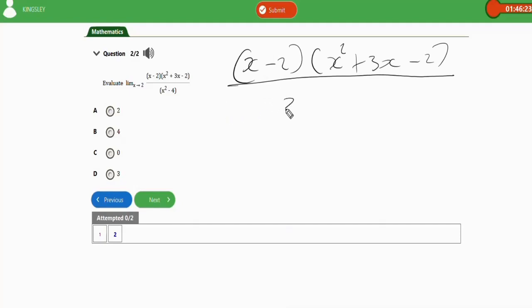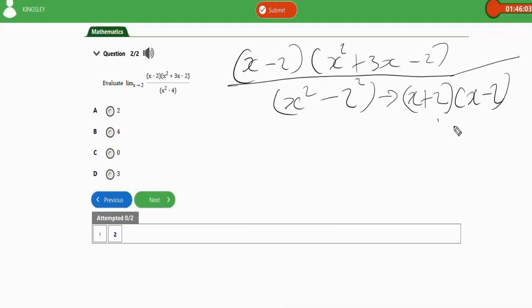This is the same thing as x squared minus 2 squared. When you break this down, this is the same thing as x plus 2 times x minus 2. So when you multiply these two values, you get back to this.